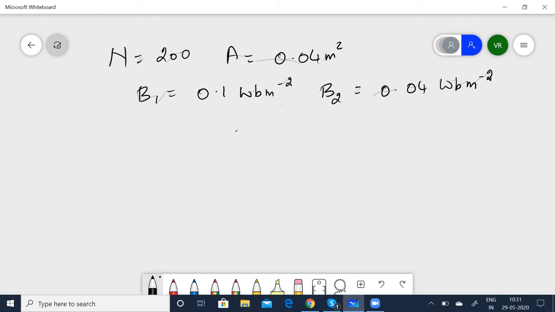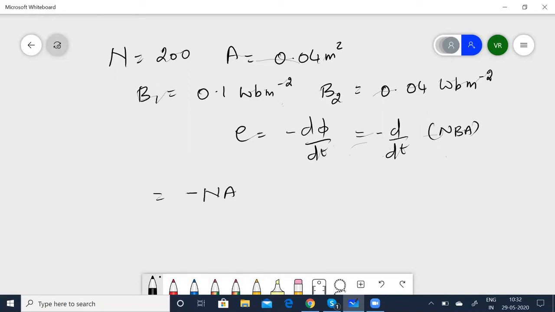So induced EMF E is equal to minus d phi by dt, which is nothing but minus d by dt of NBA. Here N and A are constant. The varying thing is going to be the flux here. So I'll take the constant outside, so minus of NA outside. So that will give you the change in flux: B2 minus B1 by t.